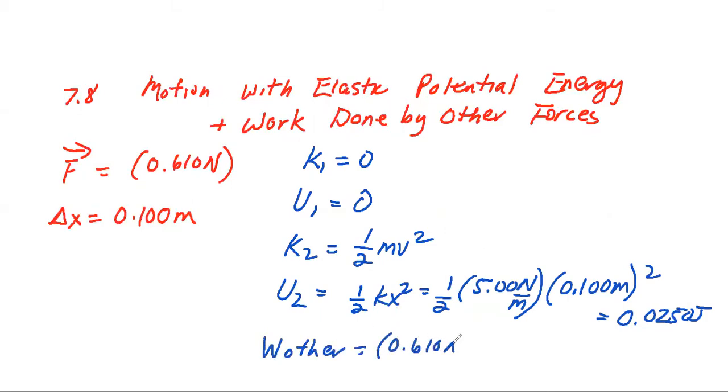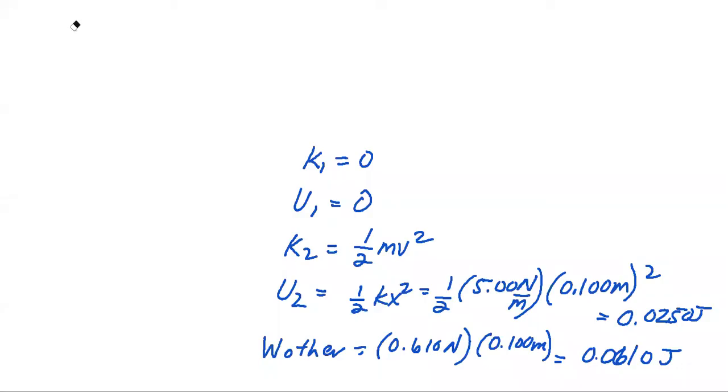So I'm looking for the glider's velocity at this point. Okay, so I start with a zero initial velocity, so K1 equals 0. My initial potential energy, U1, equals 0 as well. The spring is in its equilibrium position. K2 is going to equal 1/2 mv squared.